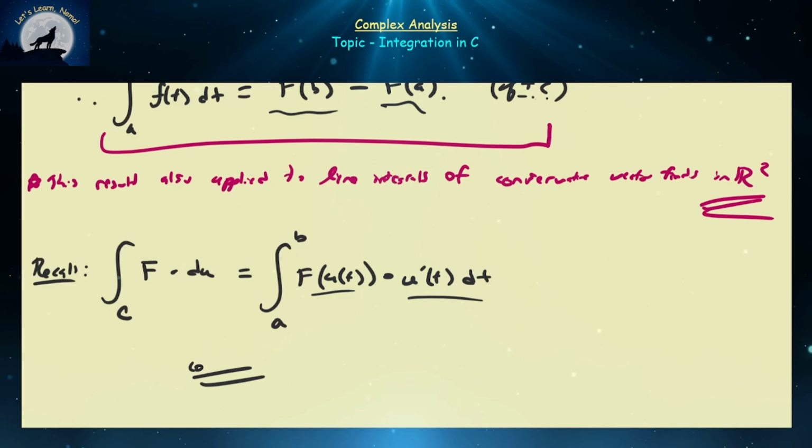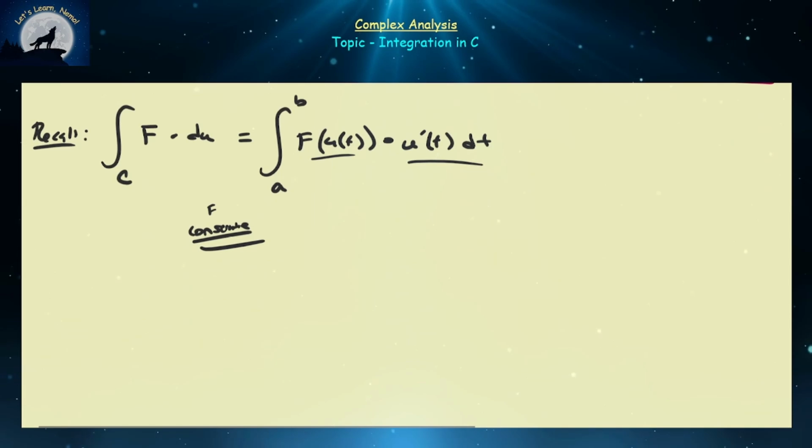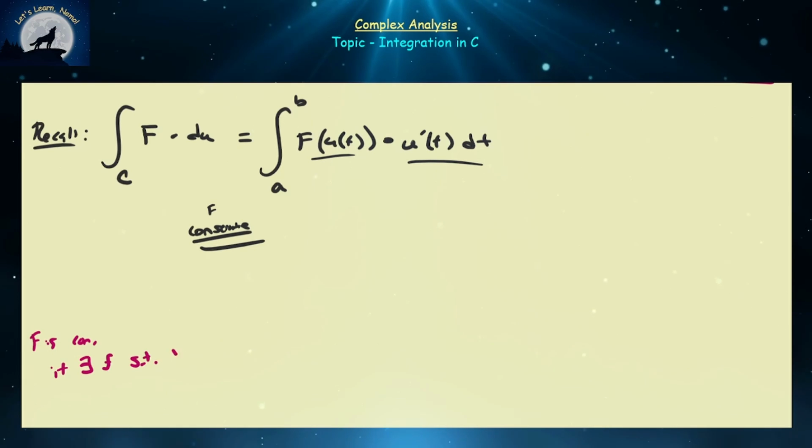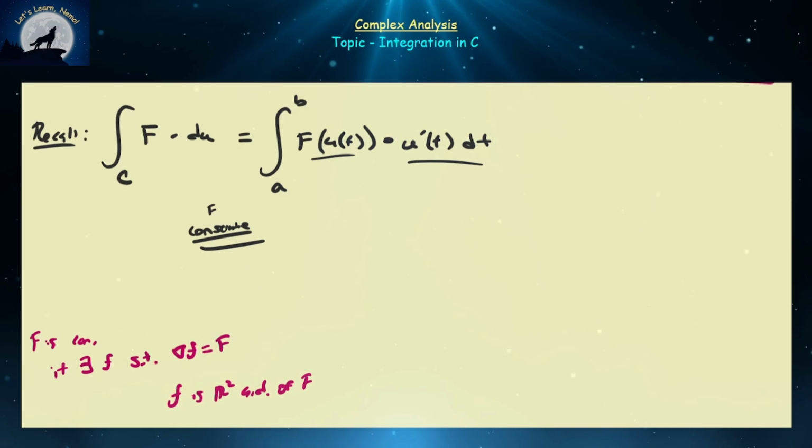And if this field F is conservative, so what does it mean to be a conservative vector field? F is conservative if there exists some function little f such that the gradient of little f is equal to capital F. That is, there exists an antiderivative of capital F. So little f in some sense is the R2 antiderivative of capital F. So if it is conservative, then this will be equal to f of b minus f of a.